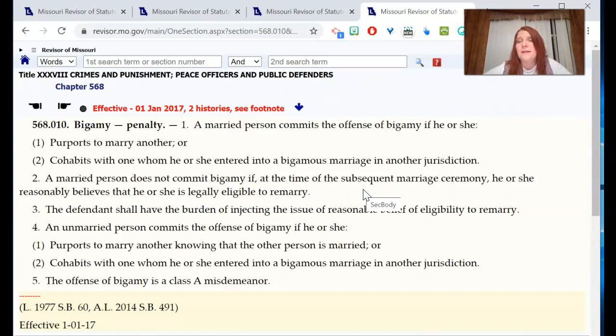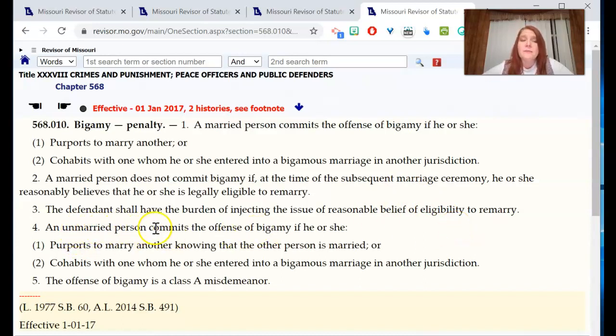You didn't know that and you went ahead and got married, but they never got received. Okay, so it says here you didn't commit bigamy if at the time of your ceremony you reasonably believed you were legally eligible. Okay, so that's how that explains that one. It says the defendant shall have the burden of injecting the issue of reasonable belief. So if that happened, you would have to prove it. That would be part of your defense.